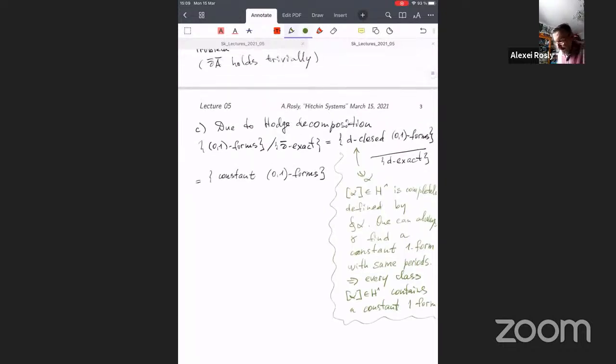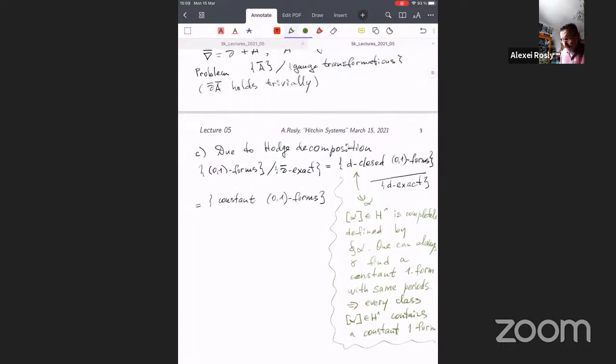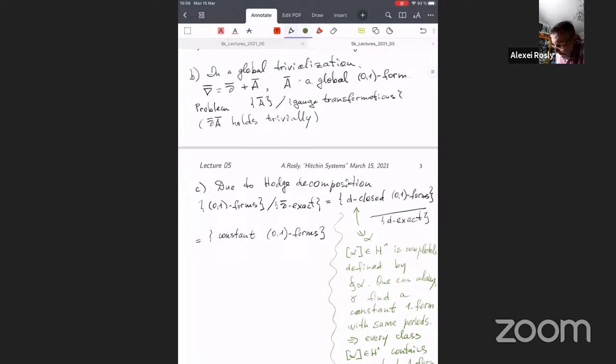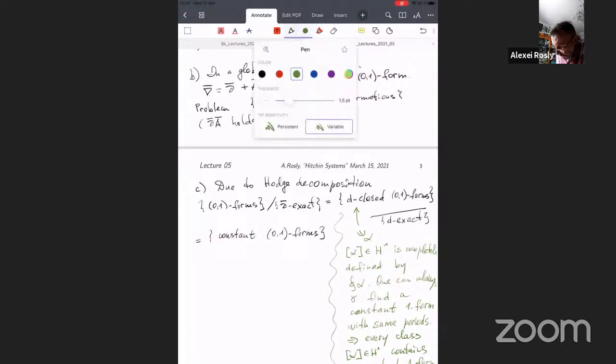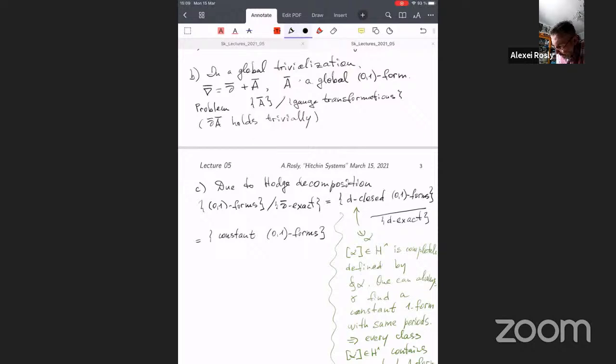Okay, this is good, but not yet the solution of our problem, because in our problem we have to quotient with respect to gauge transformations, which is not the same as taking the quotient with respect to d-bar exact.